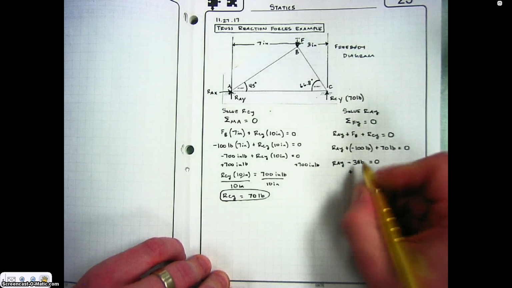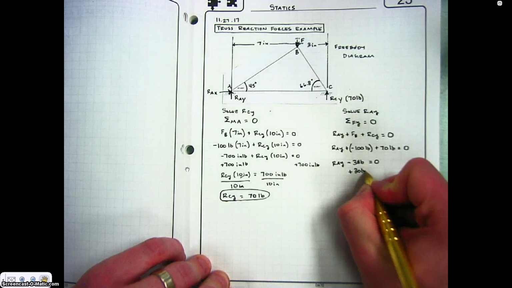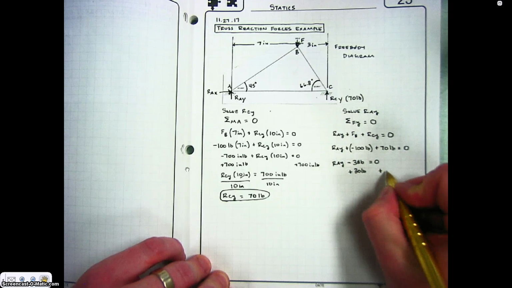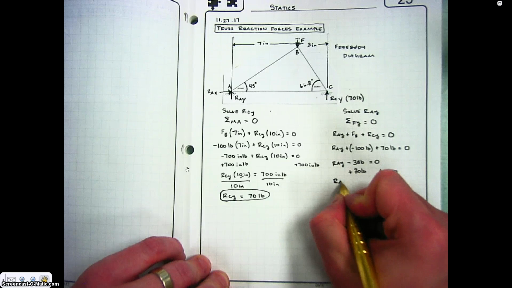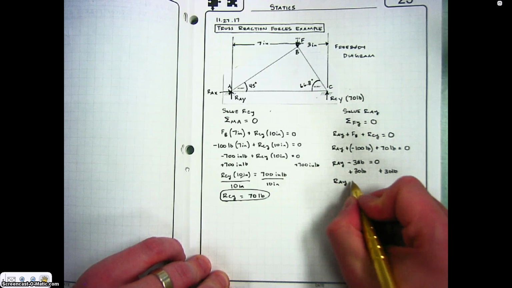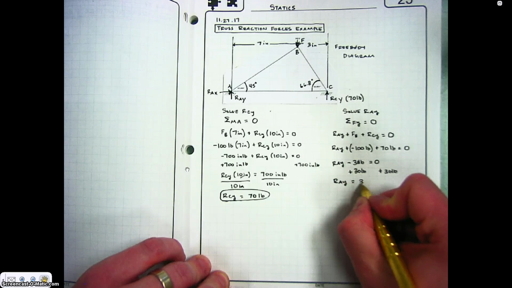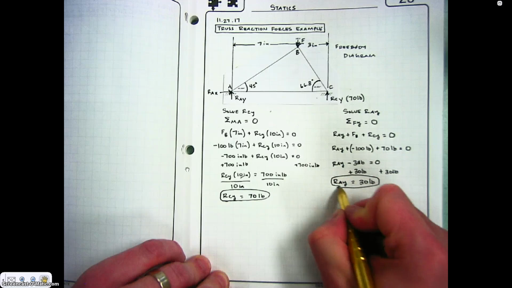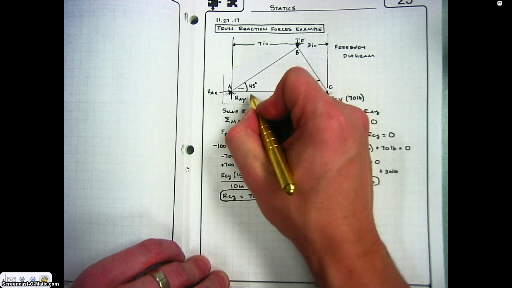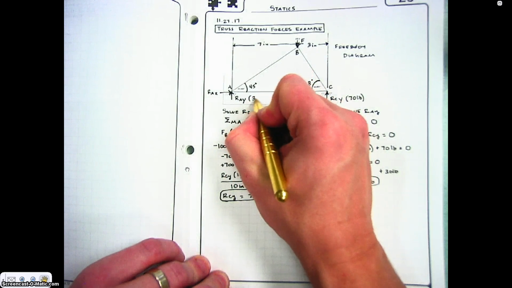I'll add 30 pounds to both sides of my equation to get the reaction force at A in the y direction, and that will make it equal to 30 pounds. And so the reaction force at A in the y direction is 30 pounds.